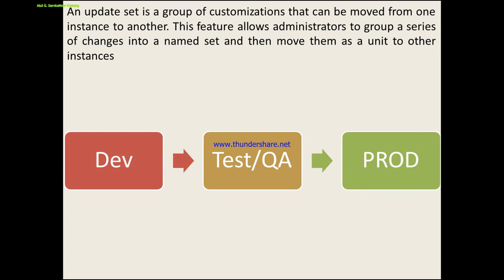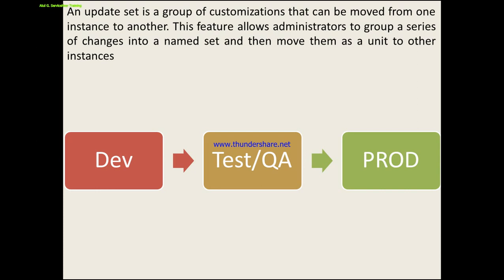The way this is done is called update set movement, and the term we use to capture those changes, customizations or code is the update set. This feature allows an admin to group a series of changes into a named set and then move that as a unit to another instance, like dev to test, test to production.